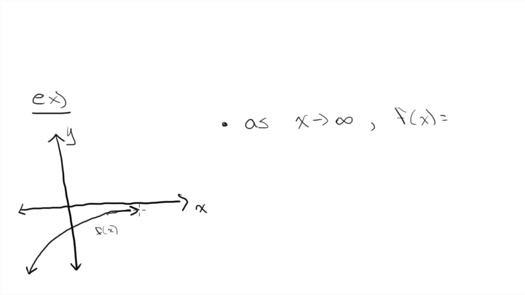It seems to be approaching a horizontal asymptote, like we've seen before with exponential equations. It seems like it's approaching the x-axis. So f of x is approaching, assuming the horizontal asymptote is right on the x-axis, 0. It never reaches 0, but it approaches it.